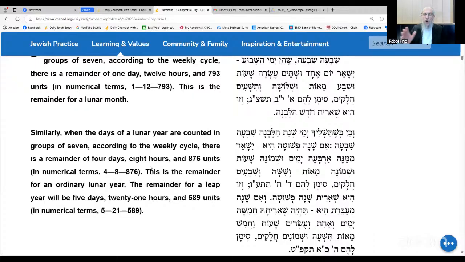So if Rosh Hashanah was this past year on Shabbos, and it's going to be a regular year this year, it's going to be 4 days later, 8 hours, 876, so it'll be on Wednesday, 4 days later.